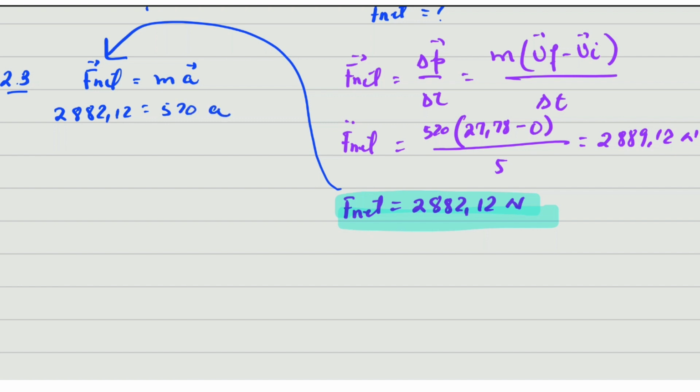When you do that, the acceleration will be equal to 5.56 meters per second squared. And now they're asking you for magnitude, so we don't have to give a direction. That is question 2.3. Now question 2.4, calculate the magnitude of the change in momentum.